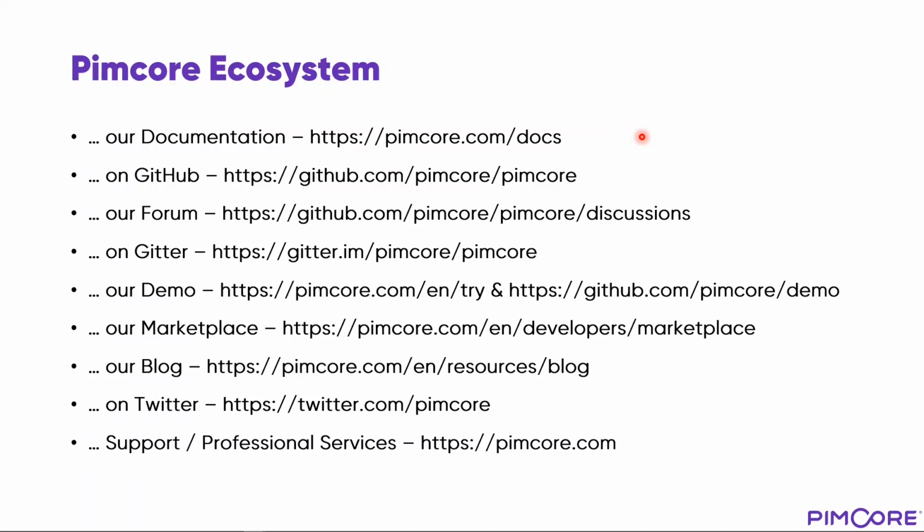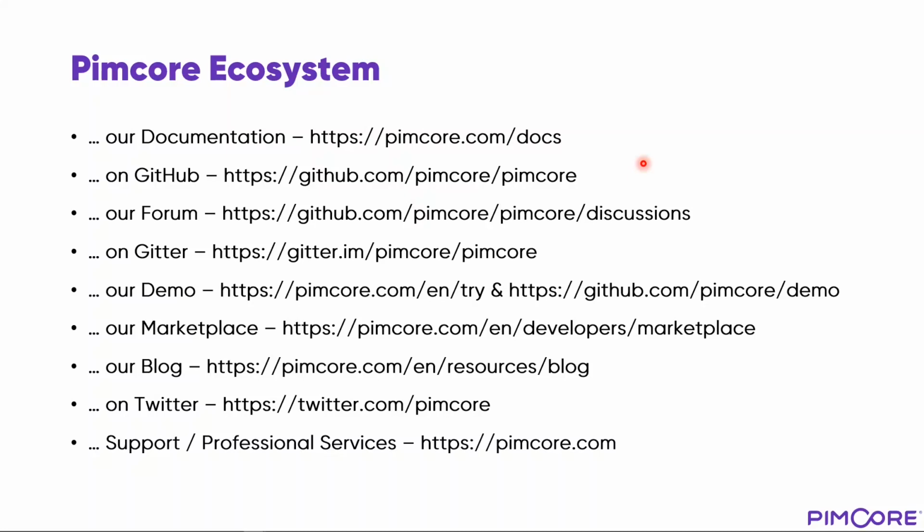When it comes to core development, then GitHub is the place to go, as Pimcore development takes place at GitHub. That means all the source code development, but also all the issue management, the release planning, and of course all the contributions in terms of pull requests are taking place on GitHub.